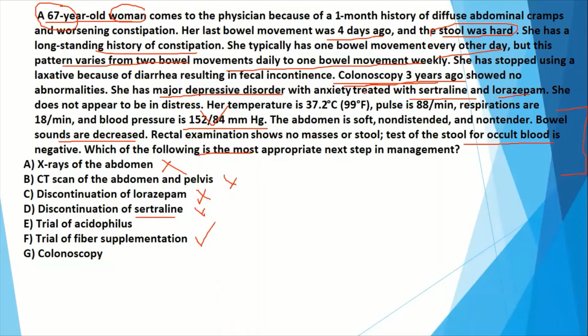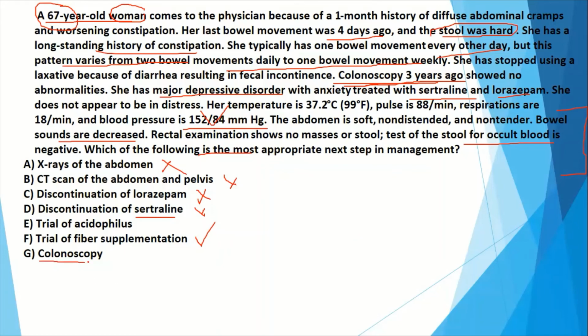Considering this patient is having IBS, you must give a trial of fiber supplementation. You must counsel the patient to reduce the level of stress and some lifestyle modifications. And then you can give some antispasmodic drugs. So this is the management of the IBS.